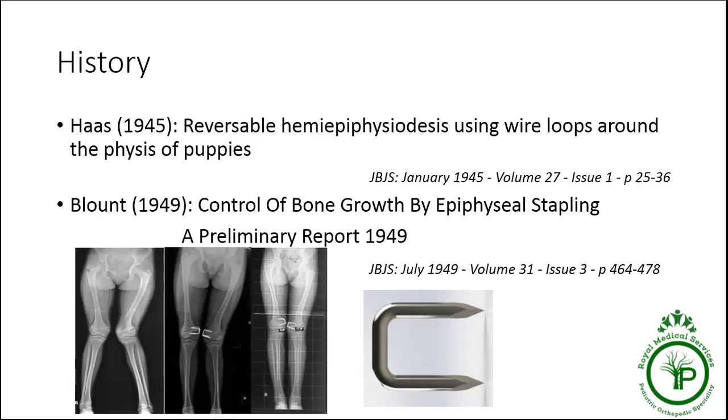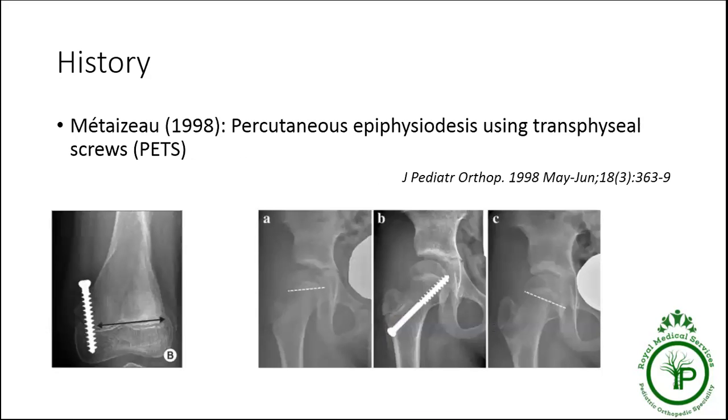And then the famous Blount, in 1949, reported that there is control of bone growth by epiphyseal stapling, by introducing this staple.